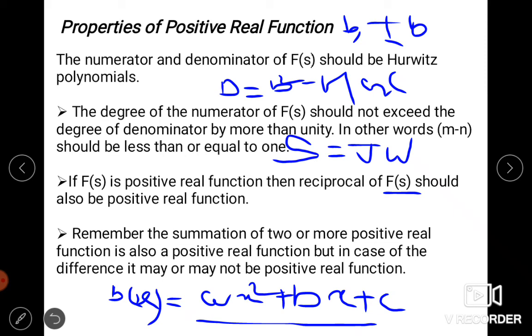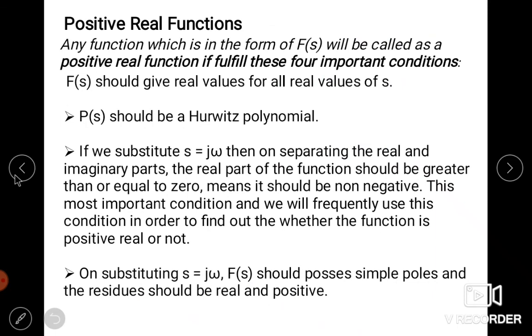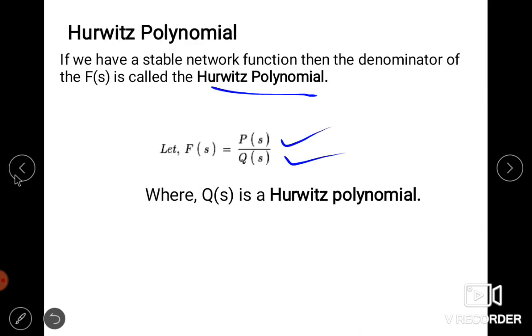The following are necessary but not sufficient conditions for the function to be a positive real function. In simple words, the coefficients of the polynomial must be real and positive.